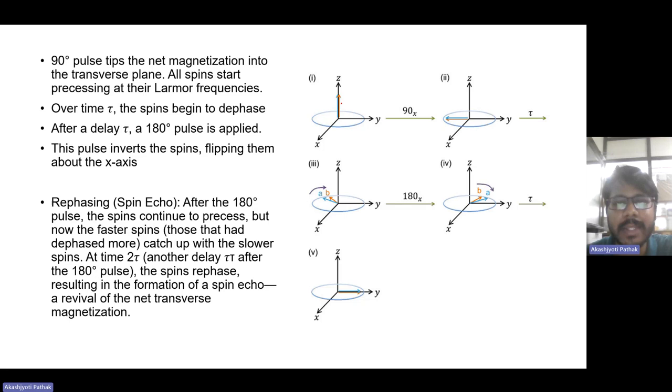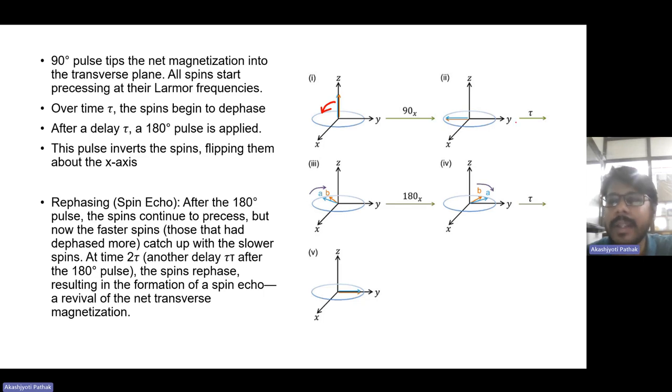First our magnetization was in the longitudinal plane, and in this figure a 90-degree pulse is applied along the x-axis, which causes the magnetization to flip from the z-axis to the minus y-axis.